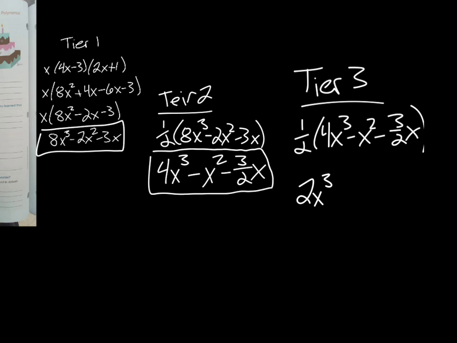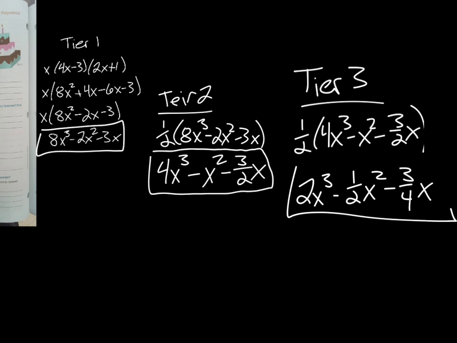Multiply by half, so minus 1/2 x squared. And minus 3 over 4x. So that's tier 3. Is that okay?